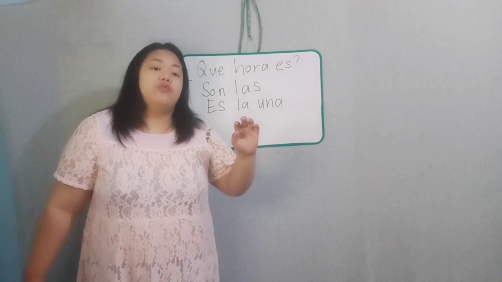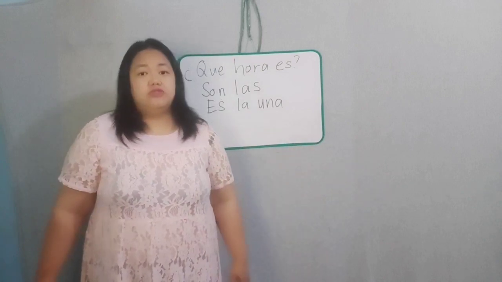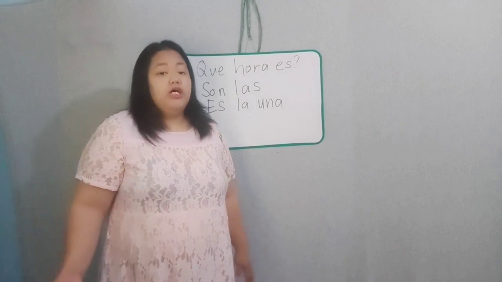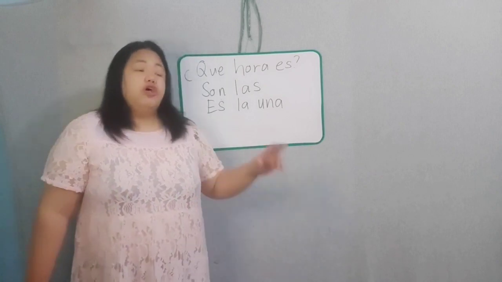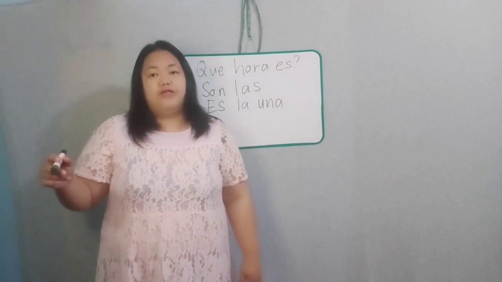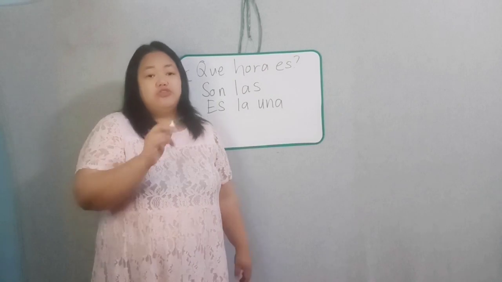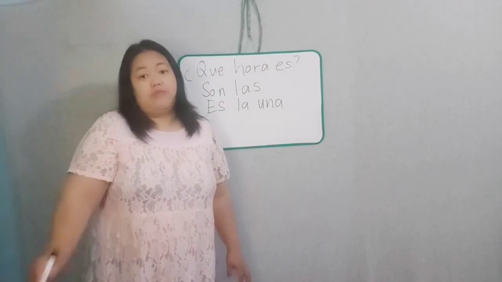Now, what if it's not exactly 1? It's 3:10, for example. How we read this time in Spanish is, we'll split the clock into 2. So if it's the first 30 minutes, you just have to mention the time and put the Y to separate it.